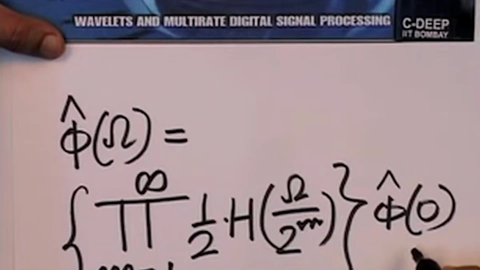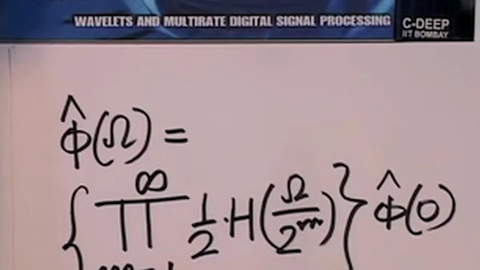In fact, phi cap 0 is very often the maximum value of the magnitude of phi cap omega, because of that low pass character. So, we have seen this low pass character in the Haar context. Now, we shall assume it to be true of most multi-resolution analysis and proceed from there. So, this is just a constant, a non-zero constant, to be wary. But what we need to identify is this.